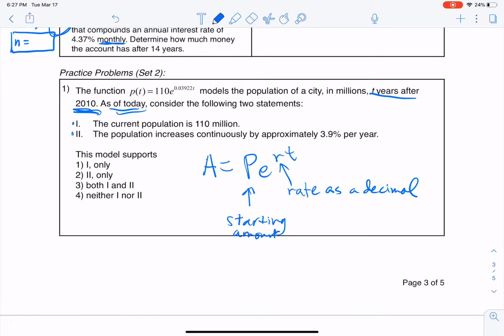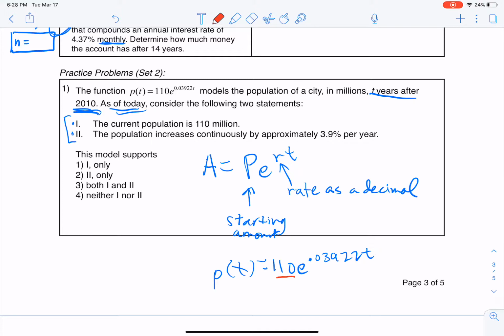So in order to answer this question, we want to think about what the different parts of this equation mean. So this equation, as it's given to us, is P of t equals 110 e to the 0.03922 t. Okay, so to answer this question, we have these 2 options. You need to interpret what this means.